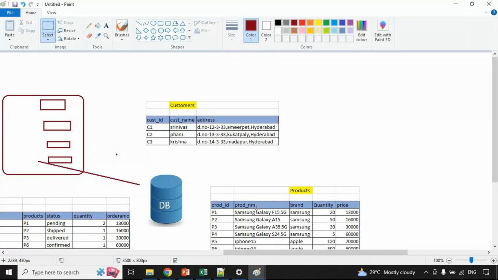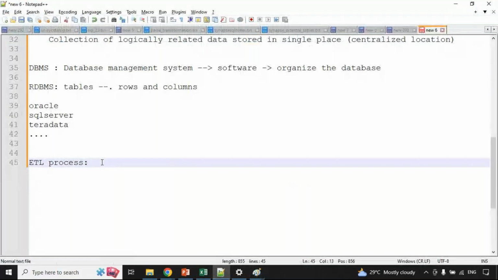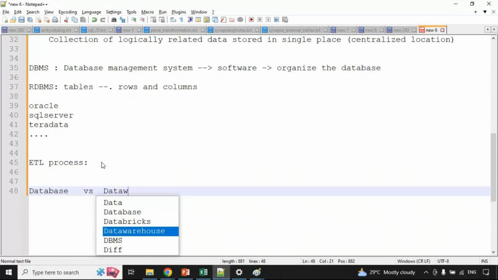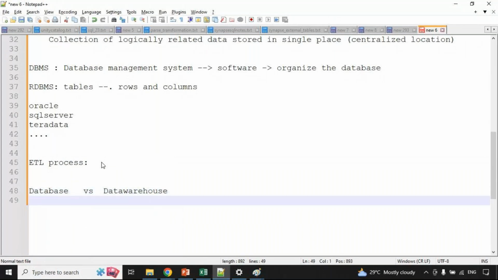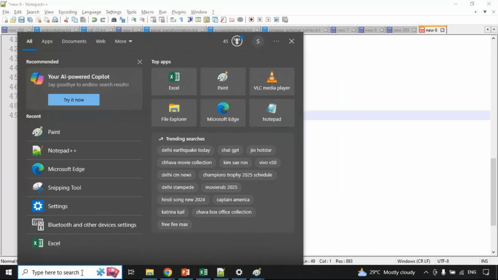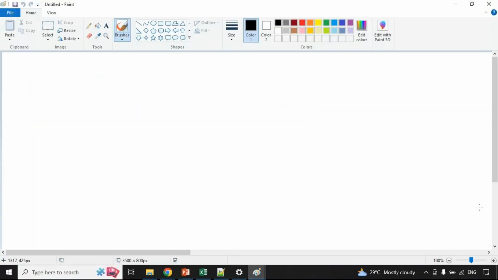Now there is one more thing: database versus data warehouse. Consider I have a database.